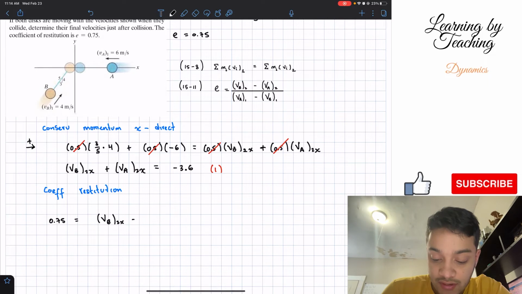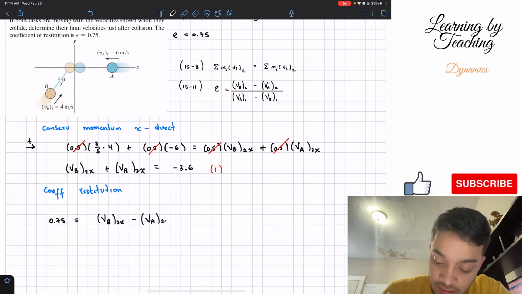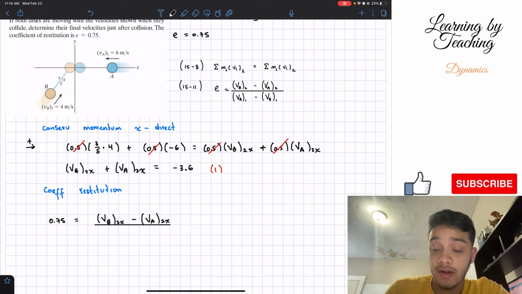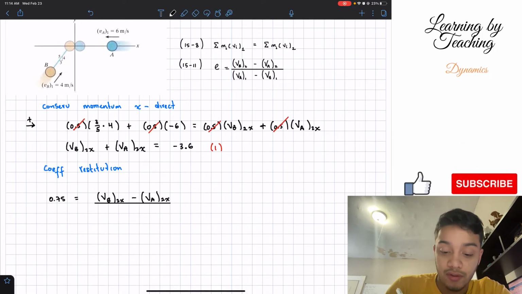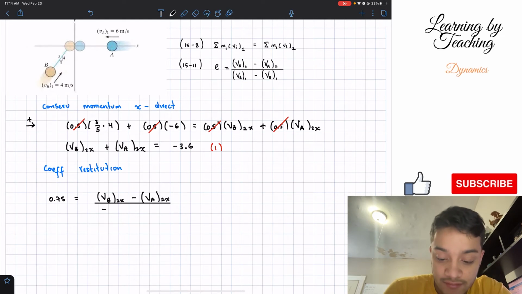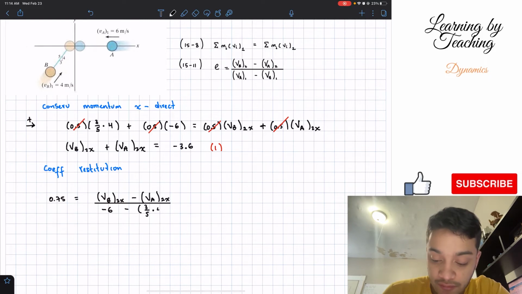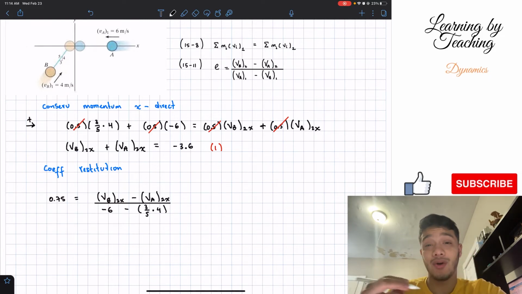And this should be equal to the velocity of B after the collision in the x direction minus the velocity of A after the collision in the x direction, all divided by the velocity of A before the collision, therefore -6, remember it's going to the left, minus the velocity of B before the collision. Again, it's going to be 3/5 times 4 for the velocity only in the x direction.